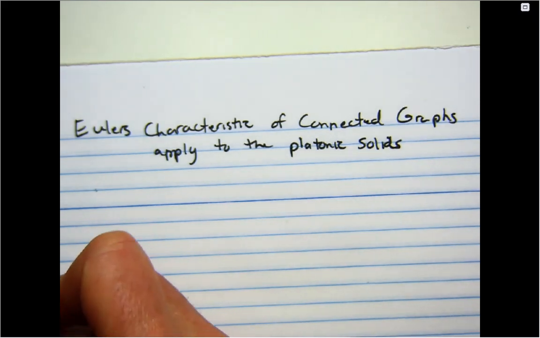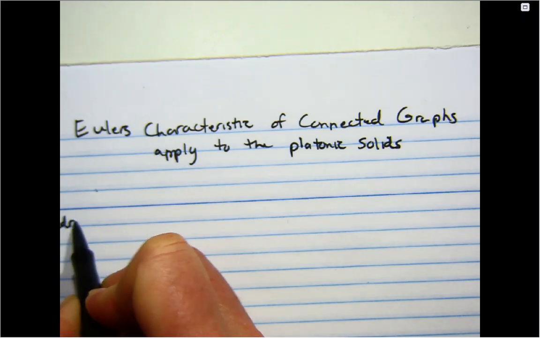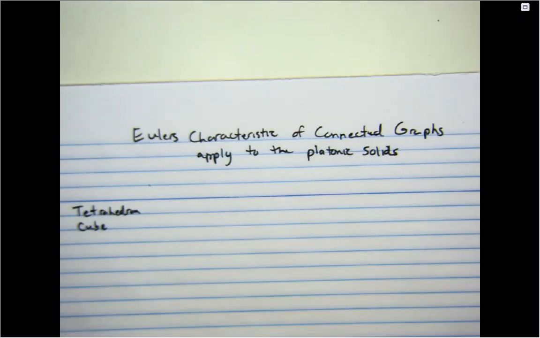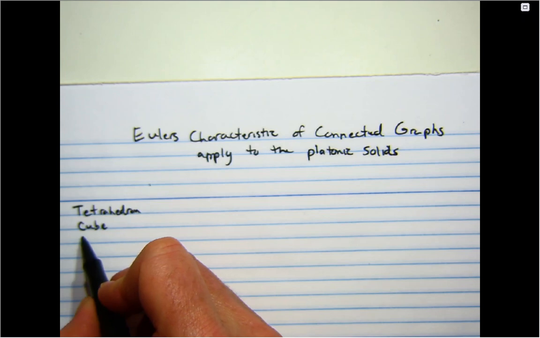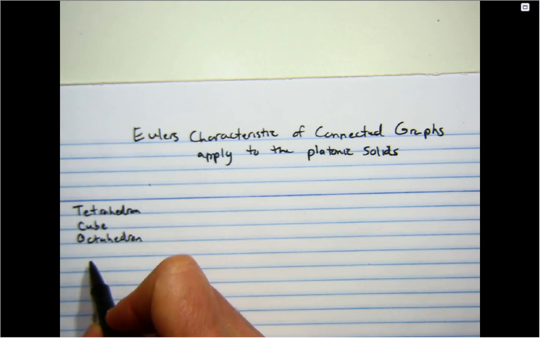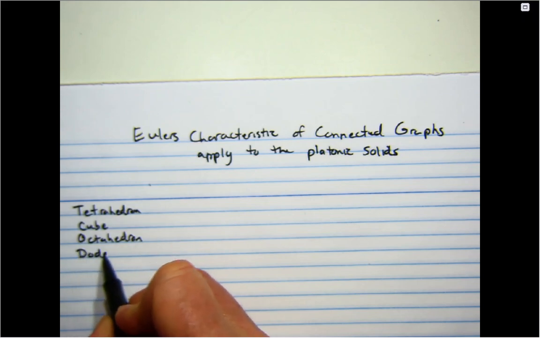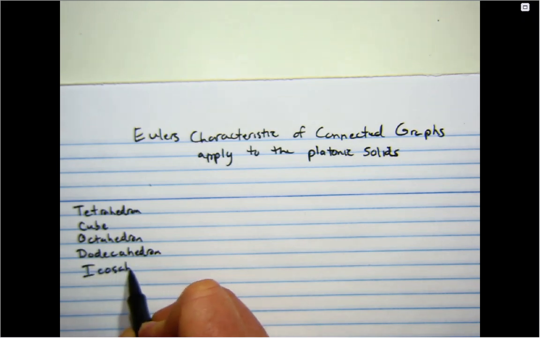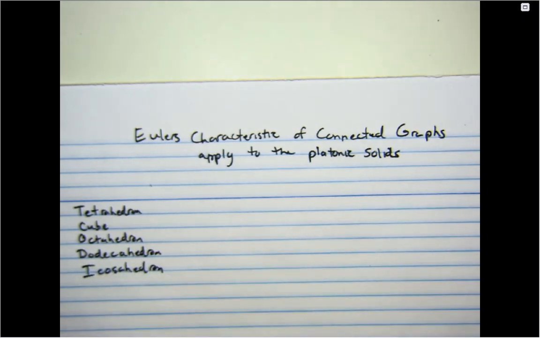Okay, so you can take your tetrahedron, cube, octahedron, dodecahedron, and icosahedron. You can take those and look at the vertices, edges, and faces and see how Euler's characteristic of connected graphs applies.